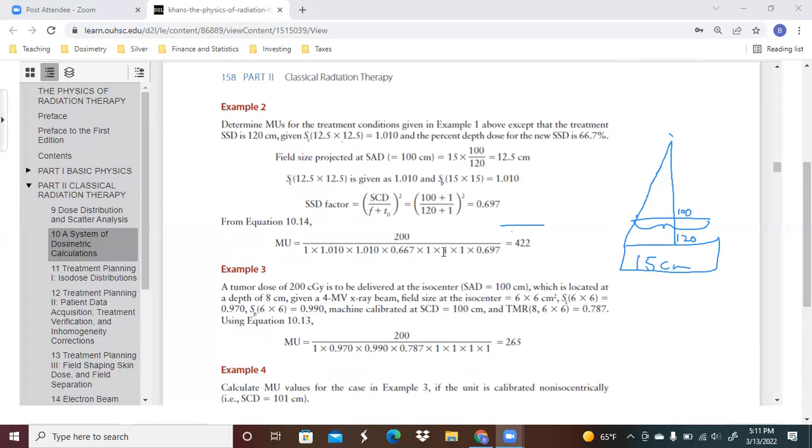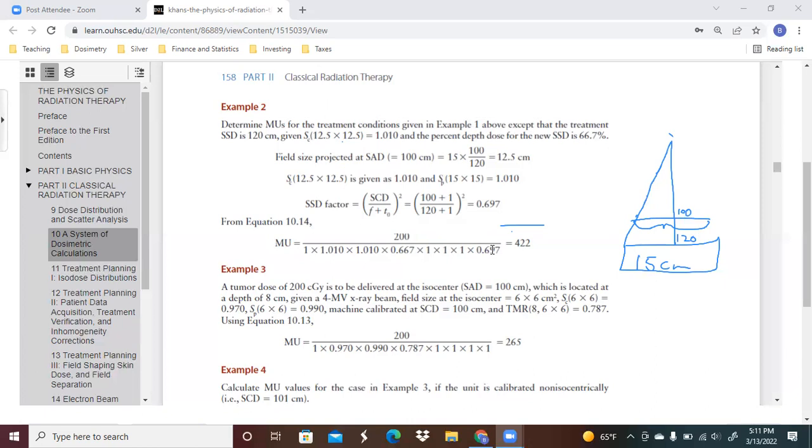Our wedge factor and tray factors are both the same. There is no off-axis factor. However, since we are adjusting for moving from 100 to 120, our inverse square factor here is also being lowered from 1. The other thing here that we're not putting in is the isodose line. We're still assuming we're going to go with 100, so that has not changed.